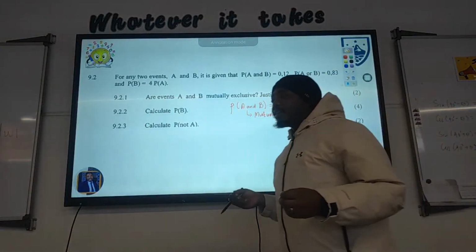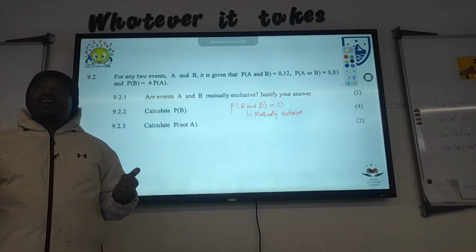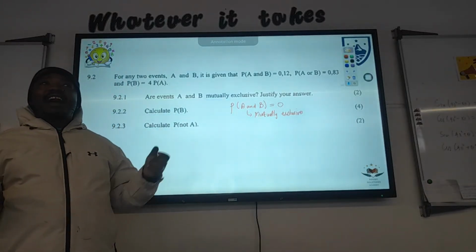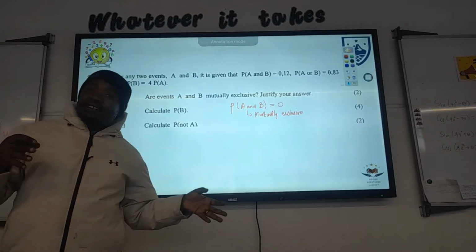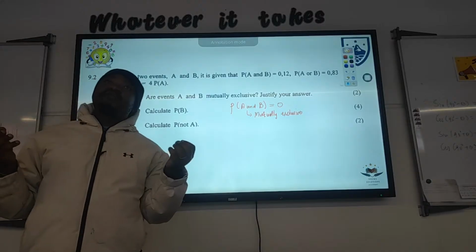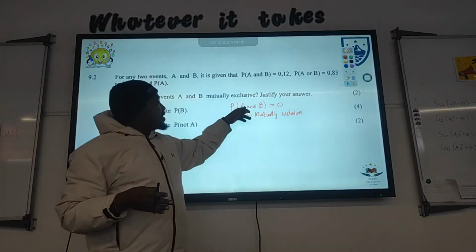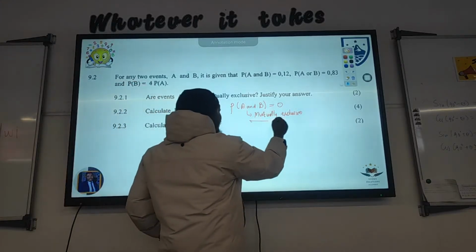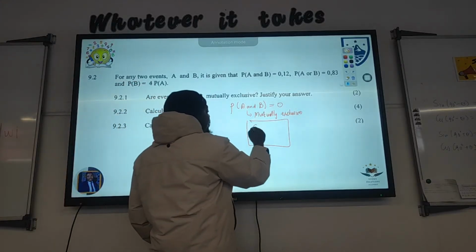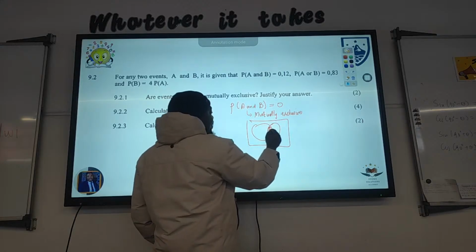Okay, so here are two events. It cannot be night and day at the same time. So the two events are mutually exclusive. They cannot happen at the same time. That's why this is the intersection, like when you have two events happening at the same time. Yeah?